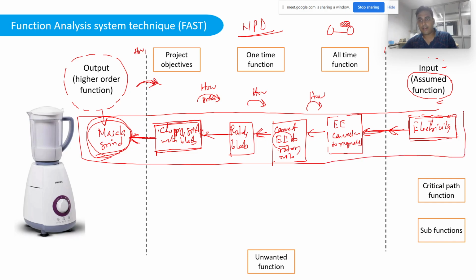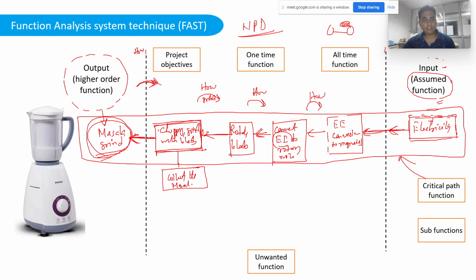This particular part of functional mapping is called the critical path function. Next, for every critical function, you try to analyze the detailed functional requirements. For example, grind with blades: before chopping and grinding, you need to collect the vegetables, collect the masala.